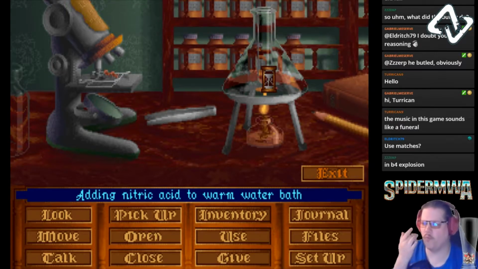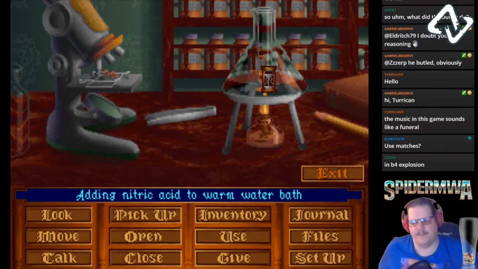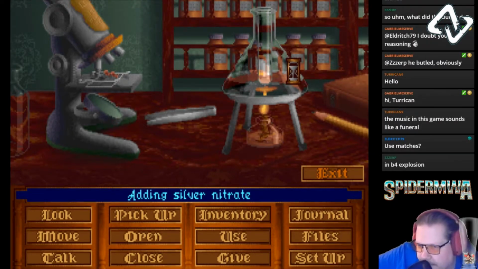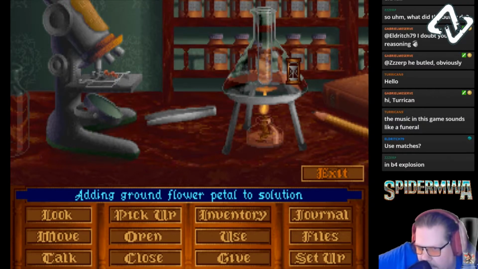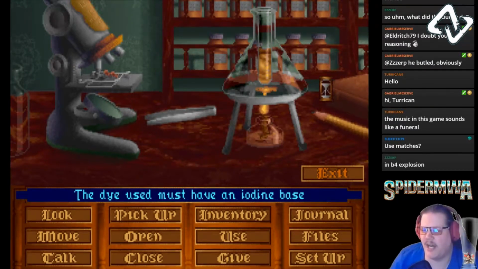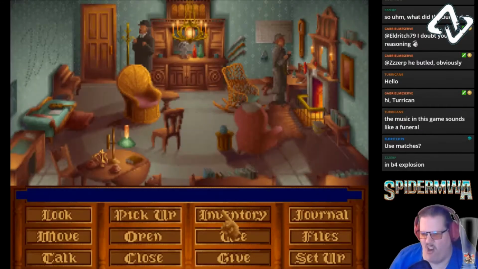Adding nitric acid to warm water bath. Adding silver nitrate. Adding ground flower petal to solution. A yellow precipitate indicates iodine. The dye used must have an iodine base. Fascinating.